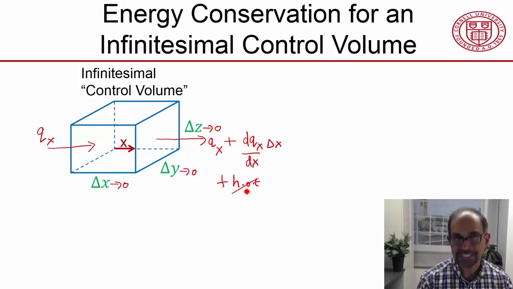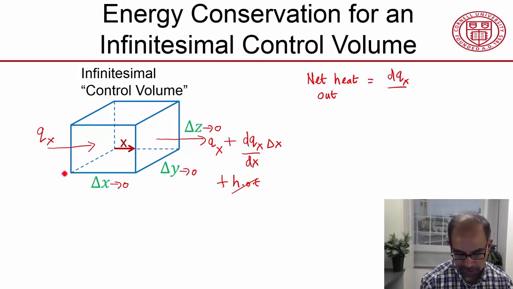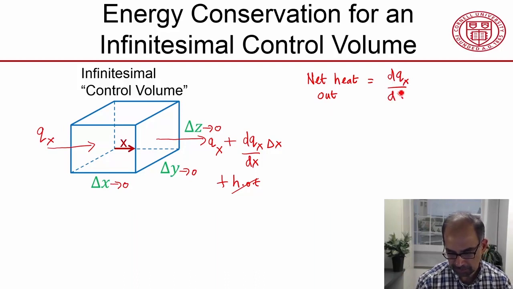And I can write the net heat flow out as just the change from this face to that face. That's given by this term here. Okay, so that's that term.